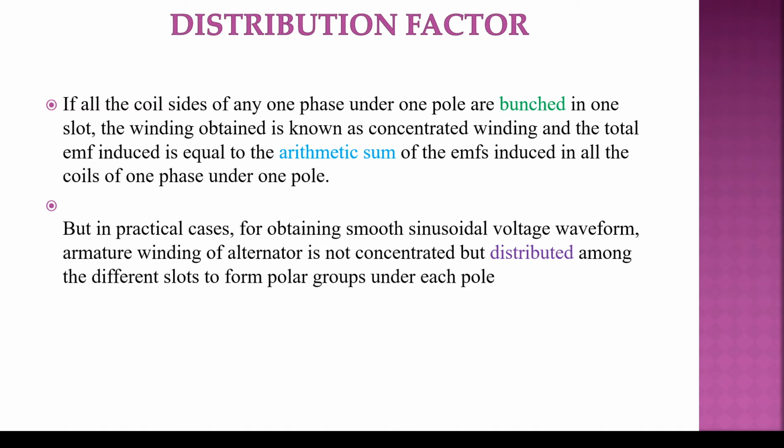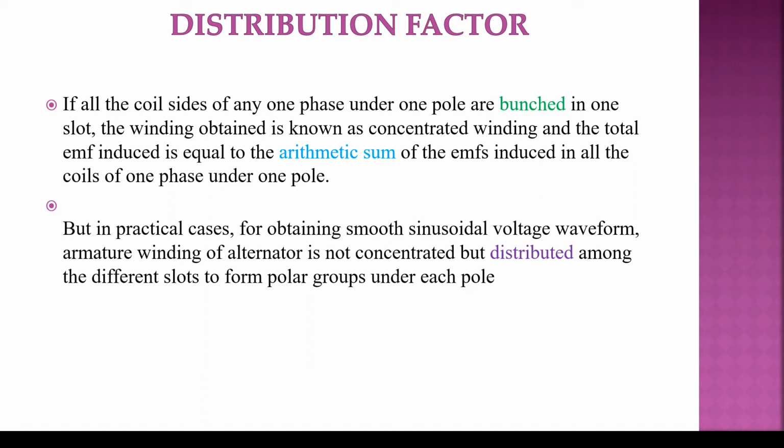What we are telling here is, if all the coil sides of any one phase under one pole are bunched in one slot, we are talking about a concentrated winding. So the total EMF induced will be equal to the arithmetic sum of EMFs induced in all the coils of one phase under one pole. We are taking the arithmetic sum for the concentrated winding.